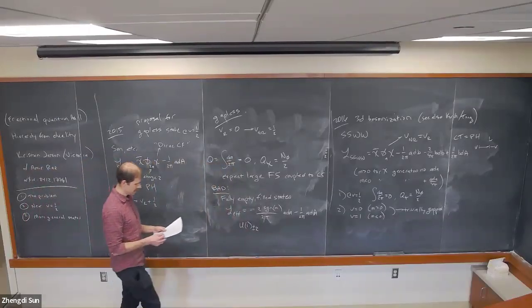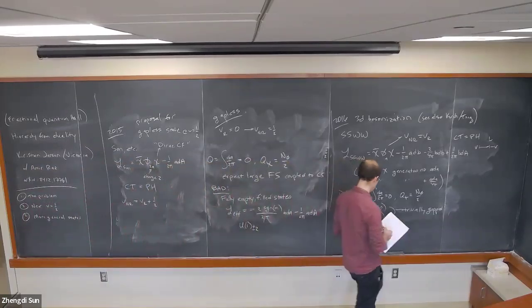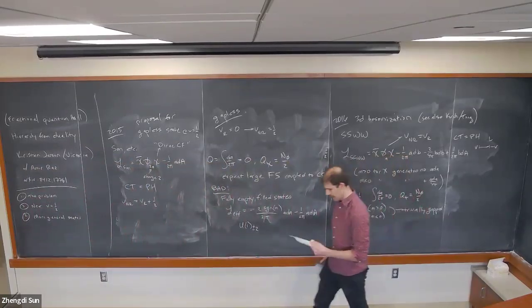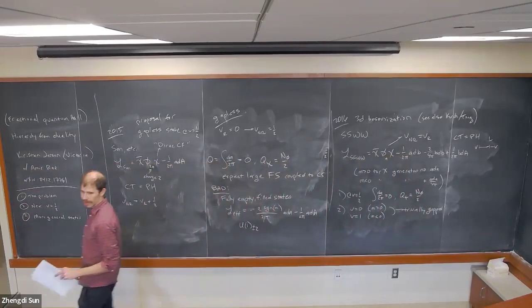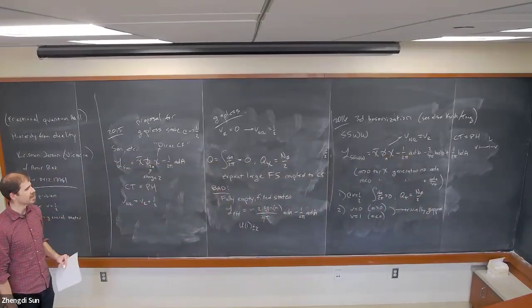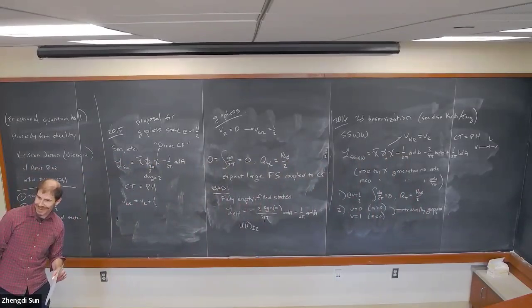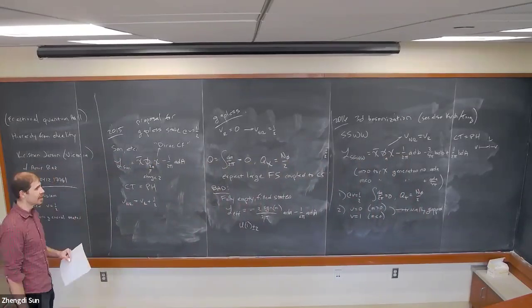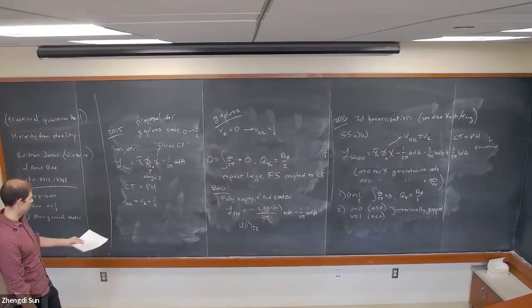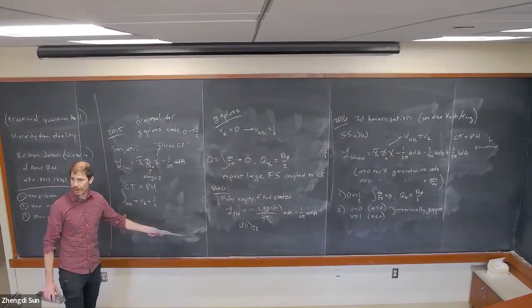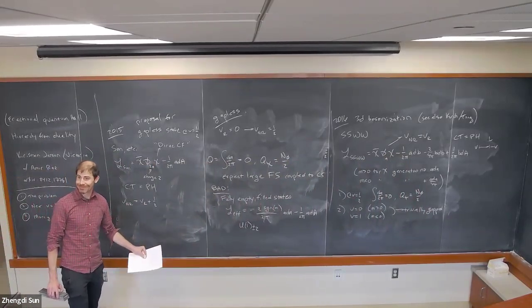Right. So what I wanted to do was, and I guess I'll have to speed up a little bit, is to show that this model, this kind of improved version of the half-filled state, does a lot more. In fact, it provides a unified description of all the states I was describing earlier within the first Landau level.